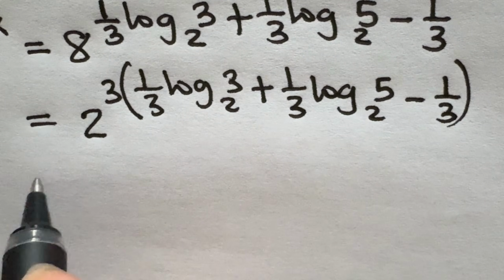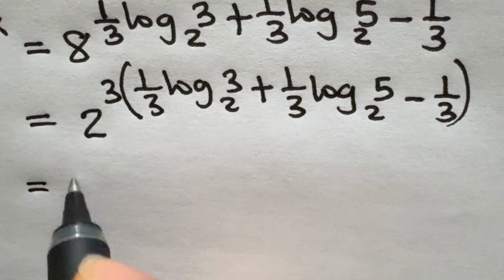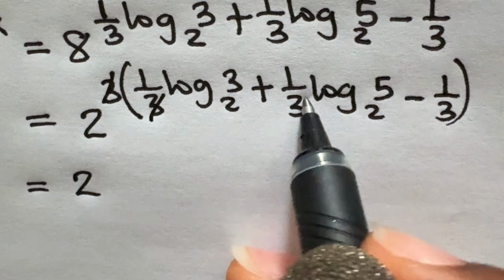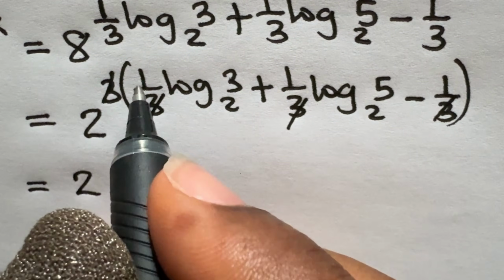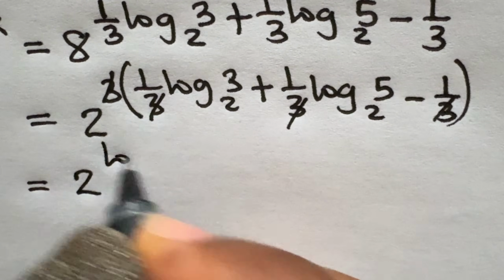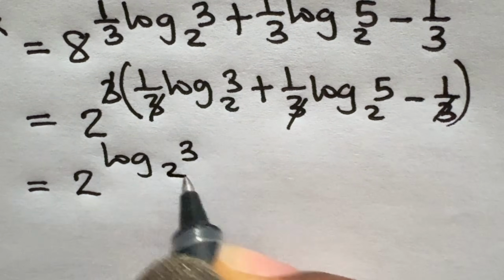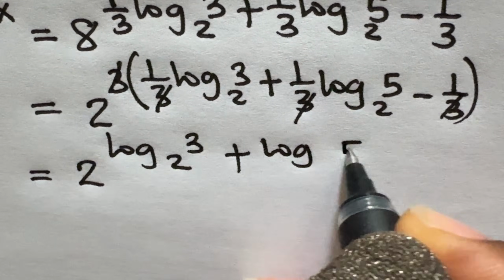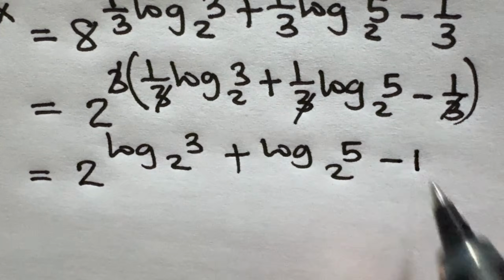Then we open up this bracket. This gives us 2 raised to power 3. We divide all of these 3's here to give us 1 times whatever is there. So this is 2 raised to power log 3 base 2 plus log 5 base 2, then minus 1.